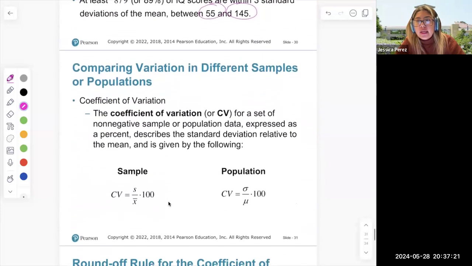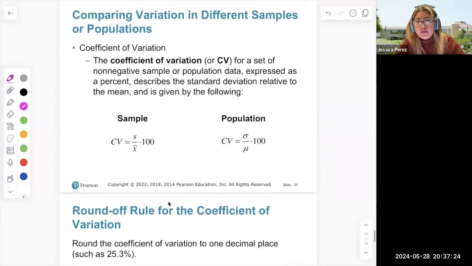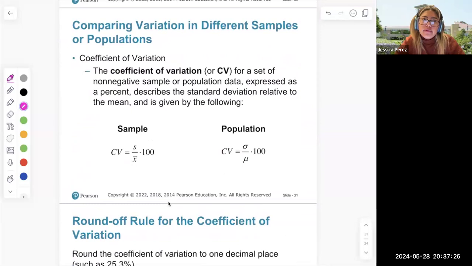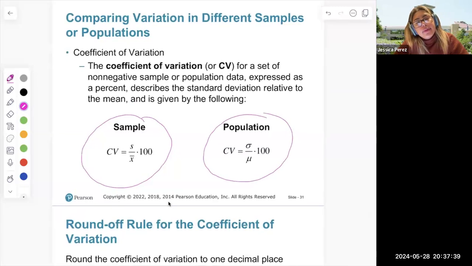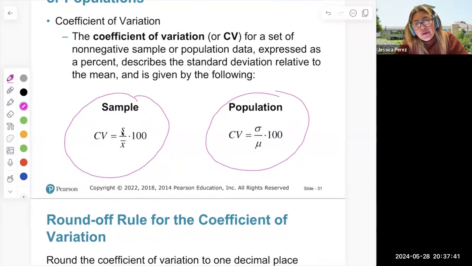The last few slides talk about the coefficient of variation, and to do that is actually very simple. There is a sample coefficient of variation and a population coefficient of variation. For a sample, it's the standard deviation divided by the mean. So let's write them down.